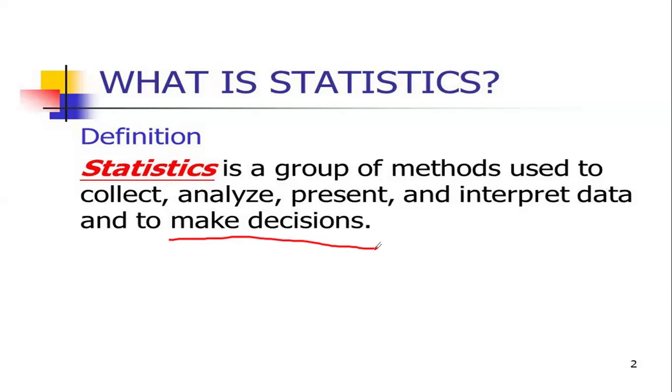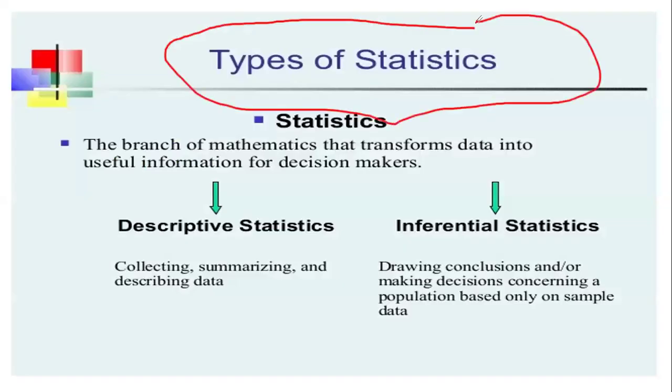Descriptive statistics is simply the statistics that consist of methods of organizing, displaying, and describing data by the use of tables, graphs, or summary measures. What do we mean by the use of tables, graphs, or summary measures?